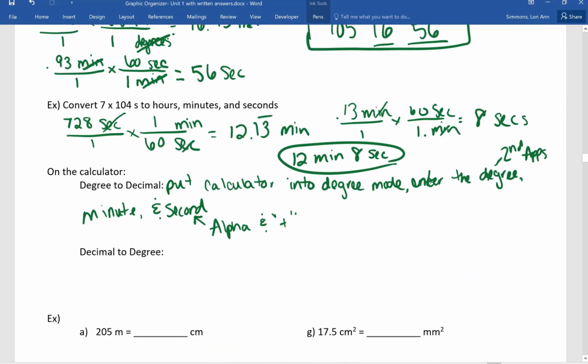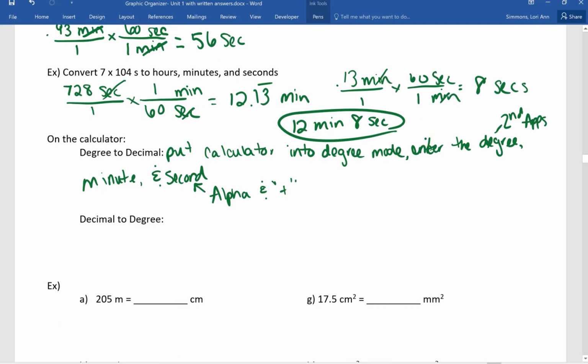And then converting from decimal to degree. Again, put your calculator into degree mode. Go to second apps. This is your angle button.